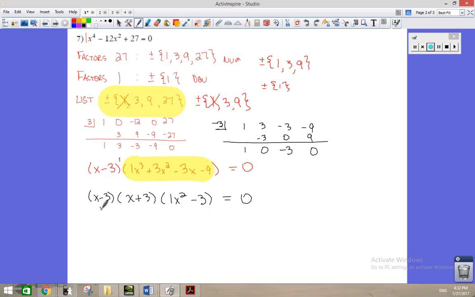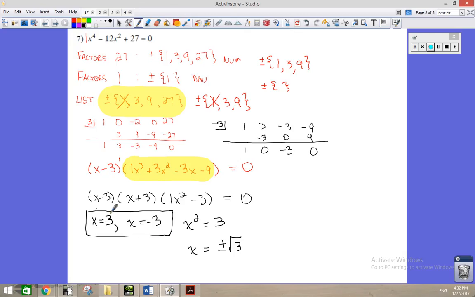All right, so when I solve this equation, if x minus 3 equals 0, then x would be 3. And if x plus 3 equals 0, x would be -3. And here, x squared is equal to 3, and x is equal to plus or minus square root of 3. But see, that's irrational. The directions said they wanted rational roots.